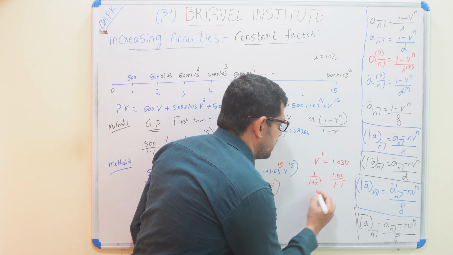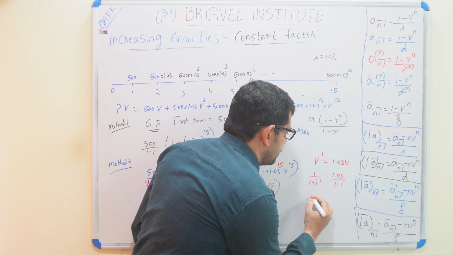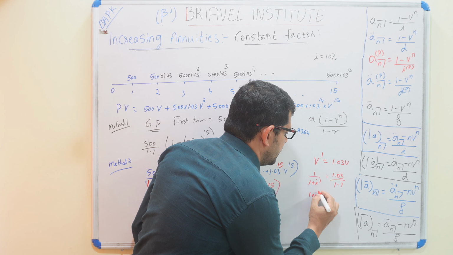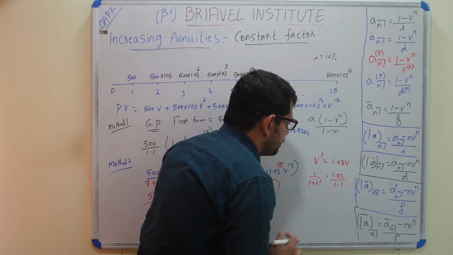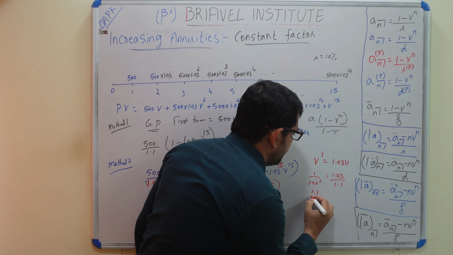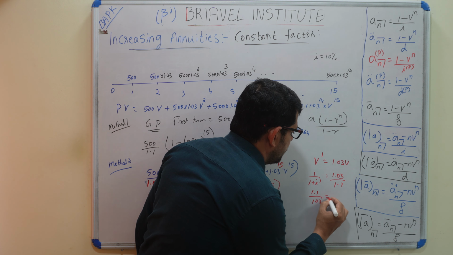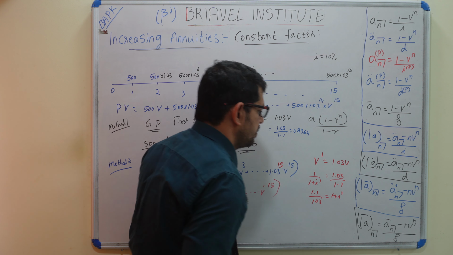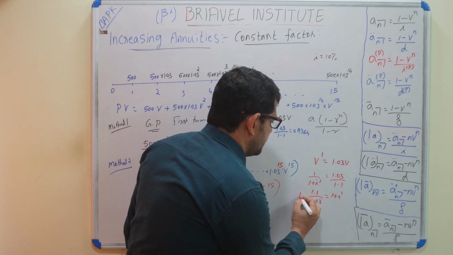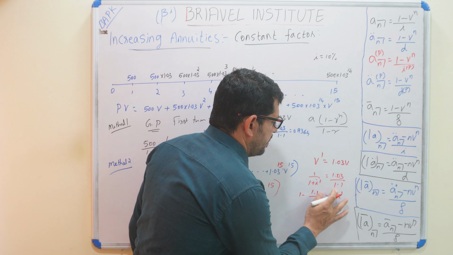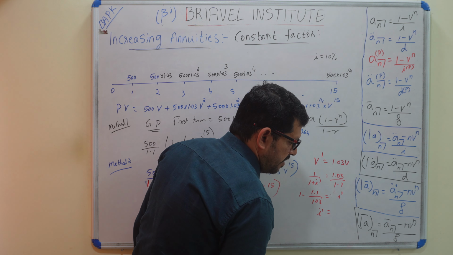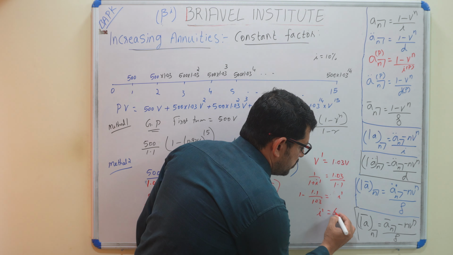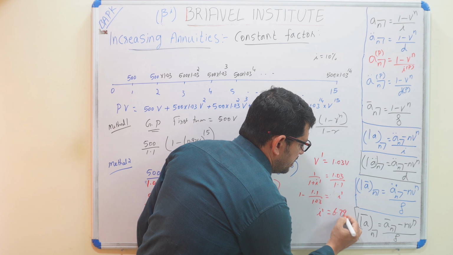So i dash I can find out: 1 plus i dash is equal to 1.1 divided by 1.03. So from that, if I subtract 1, then I will get the i dash. What is the value of i dash? It is 6.796 percentage.